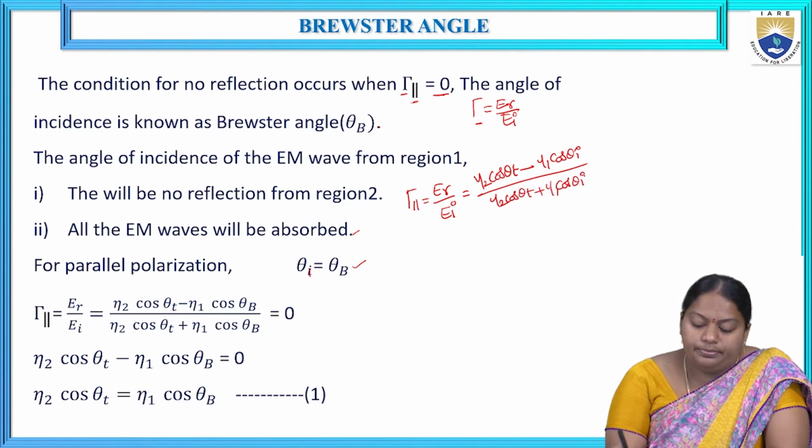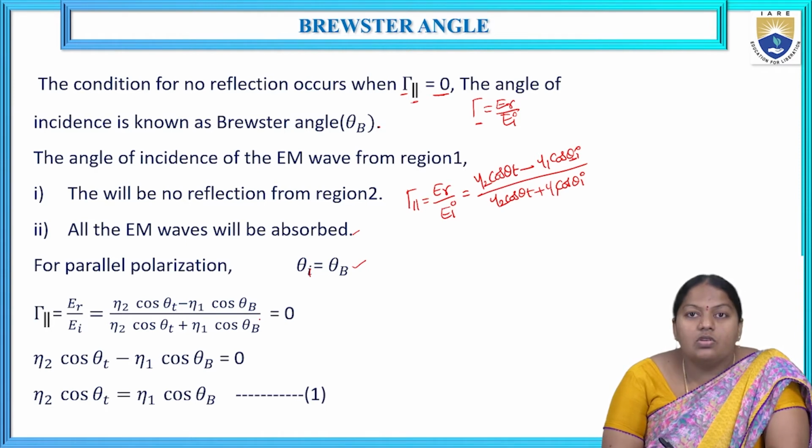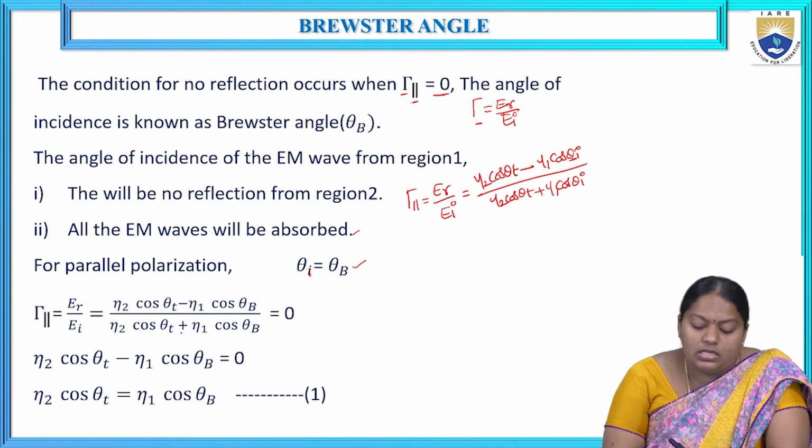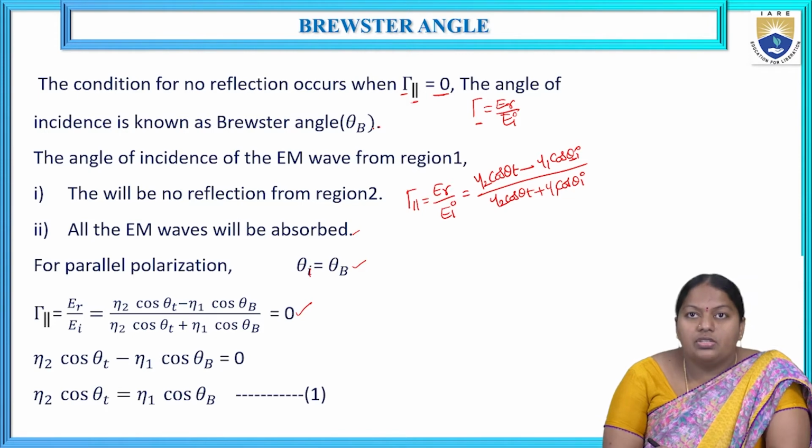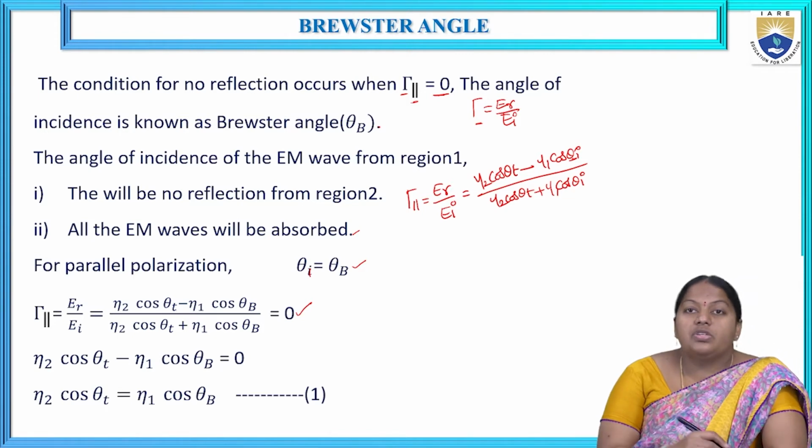Right? But now, to define this Brewster angle, theta I is replaced by theta b. So gamma parallel equal to ER by EI equal to eta 2 cos theta t minus eta 1 cos theta b by eta 2 cos theta t plus eta 1 cos theta b, which is equal to 0 according to the no reflection which occurs in the parallel polarization.